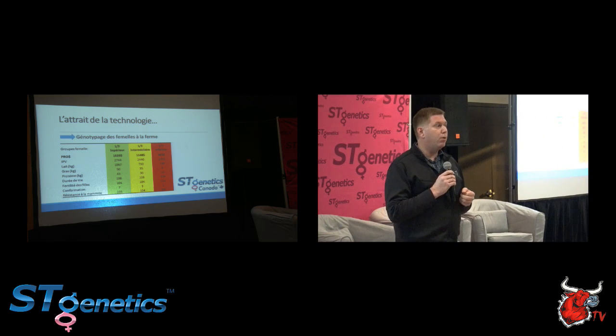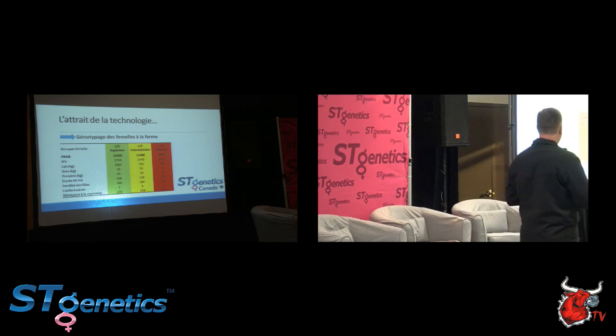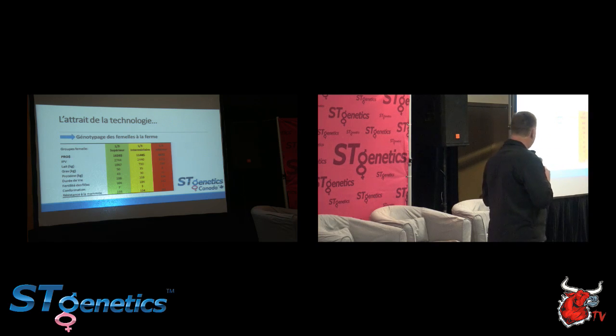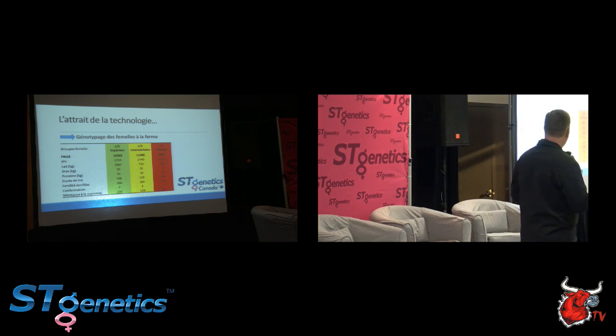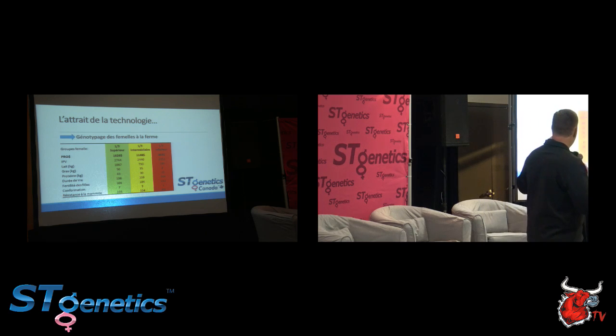So we see some pretty important differences right in here between our superior, intermediate, and our inferior animals. And probably the most drastic is if you're looking at the pro-dollar table. I mean, there's an awful lot of money left on the table. And when you look at the fat, the milk, the protein, there's a really drastic difference between the top and the bottom.